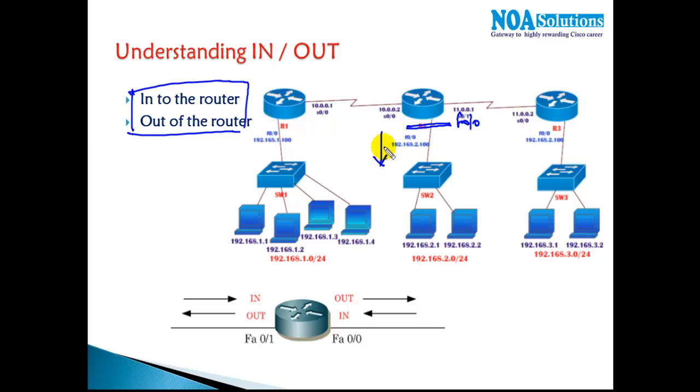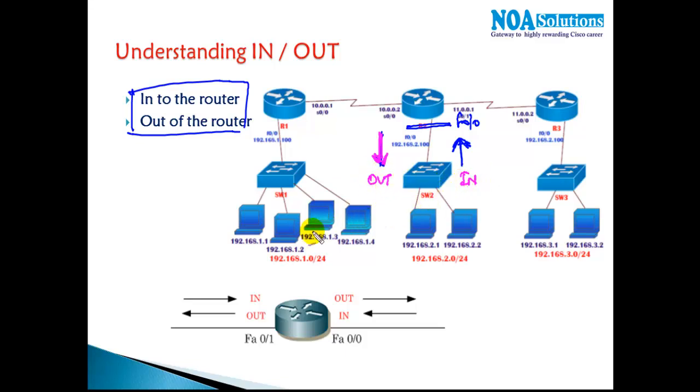I have two directions here. If I ask you whether this direction is in or out, normally we think this is in and this is out. That's what we generally think, but it is opposite. This is not in, this is out actually, and this is in.